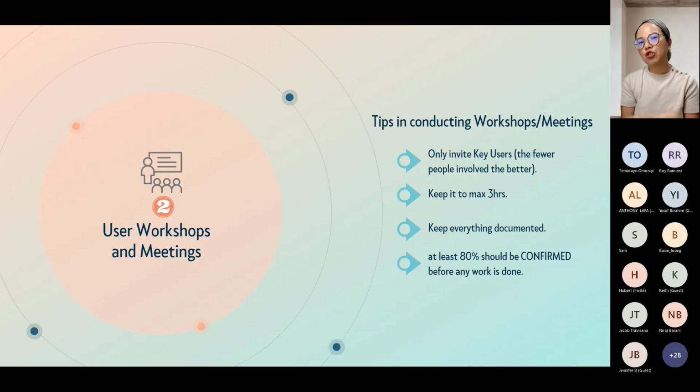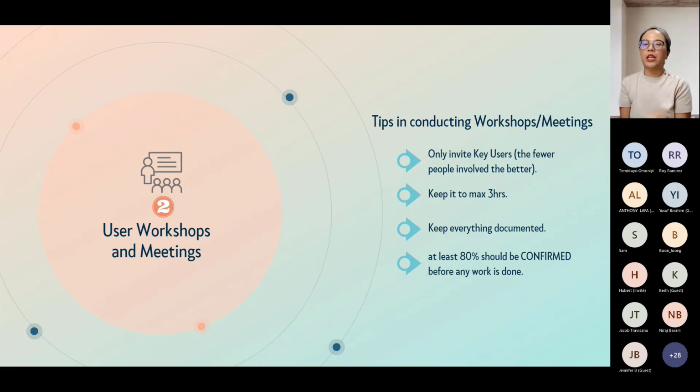So ensure that you only have the key users, and ensure that the key users know that, hey, you need to make sure that this is the requirement that your team needs, to avoid going back and forth. For the workshop, this is the first meeting that you would have with them when it comes to the requirements. So keep it to a maximum of 3 hours.